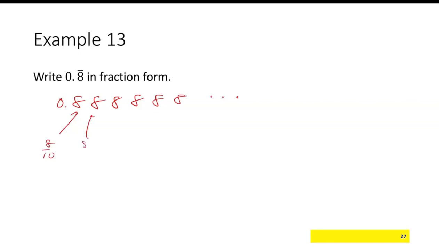The next 8 is 8/100ths, or you can think of it as 8/10 times 1/10. The next one would be 8/1000ths, which is 8/10 times 1/10 squared, and so on.